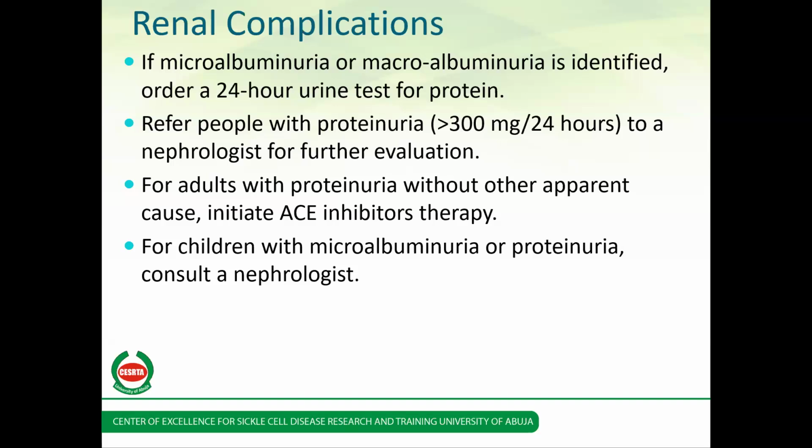Refer people with proteinuria greater than 300 milligram in 24 hours to a nephrologist for further evaluation. For adults with proteinuria without other apparent causes, initiate angiotensin-converting enzyme inhibitors therapy. For children with microalbuminuria or proteinuria, consult a nephrologist.